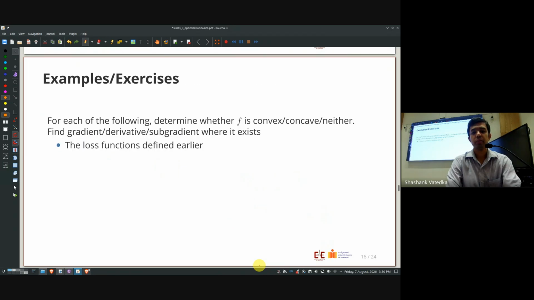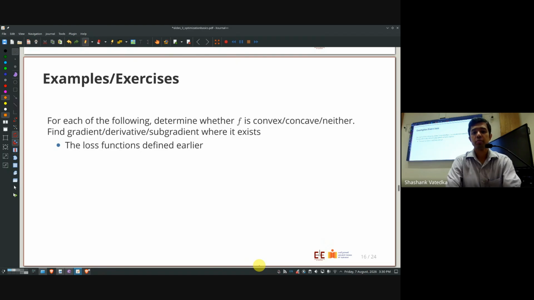Great. So here are a bunch of exercises for you. We'll not go over all of these, but for each of these functions, I want you to compute whether the function f is convex or concave or neither convex nor concave.